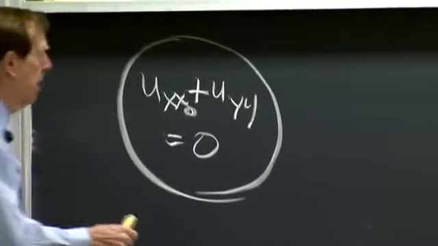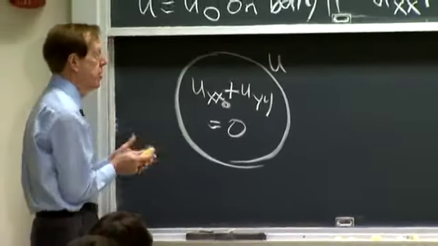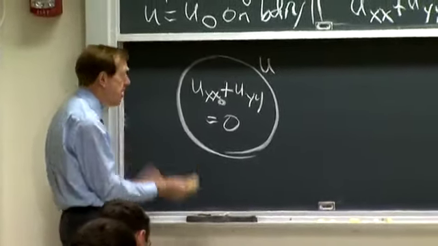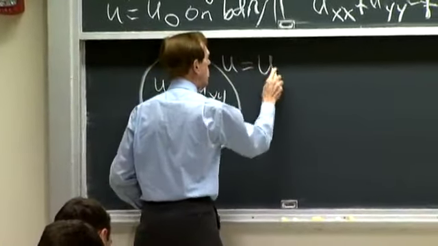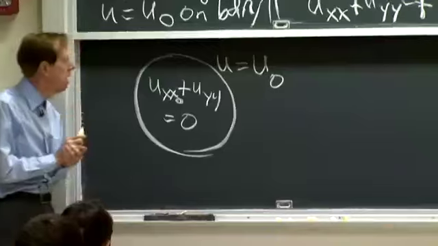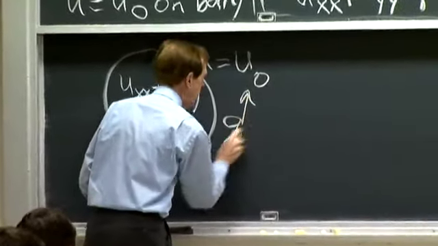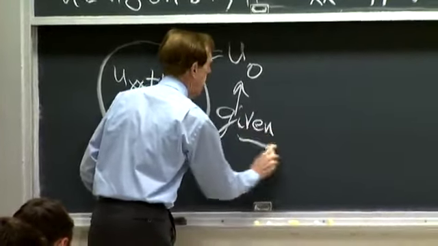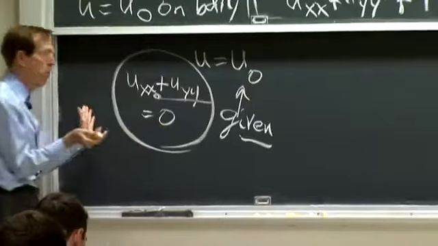So we have to have sources from somewhere, and they will come from the boundary. So on the boundary, let me think of u as temperature for the moment. So I set the temperature on the boundary, u equals some u0, some known function. This is the given boundary condition. And it's a function of, I'm going to use polar coordinates.